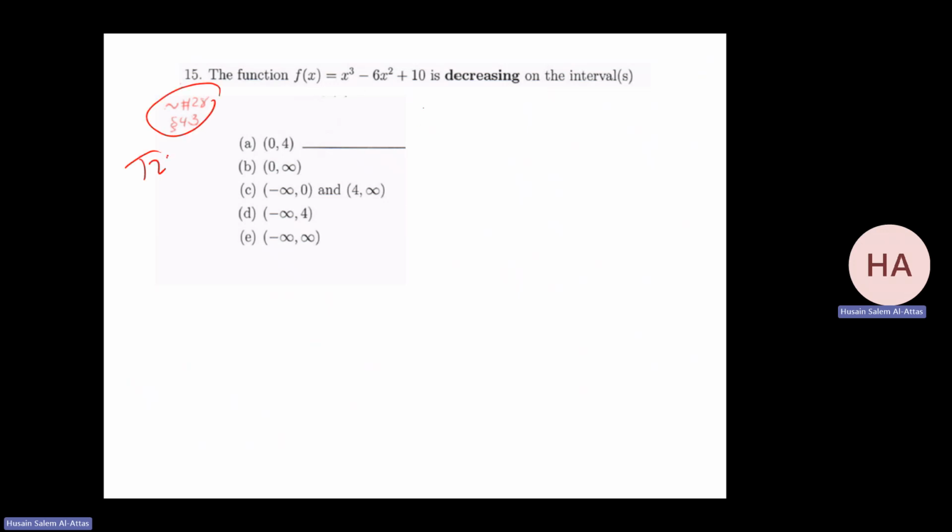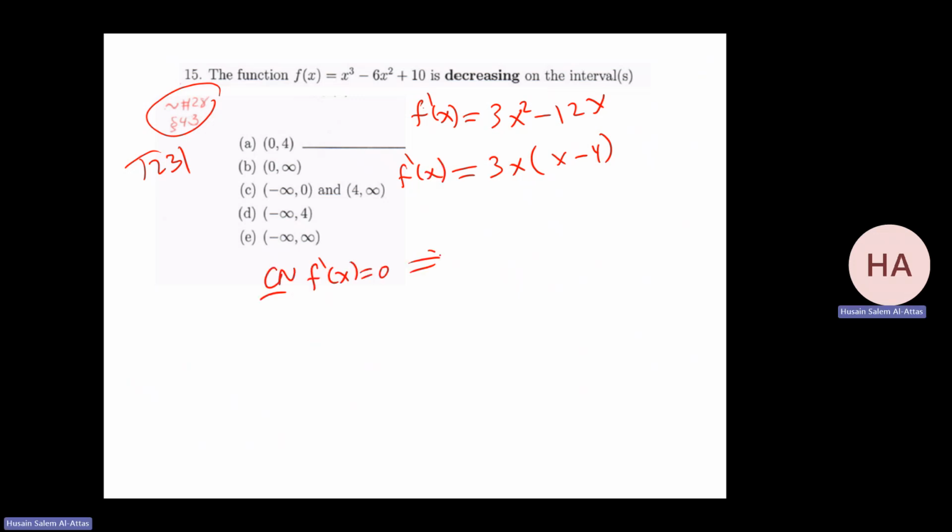That was term 231. f prime will be 3x squared minus 12x. So I take 3x as a common factor. I have x minus 4. This is my f prime. Critical numbers: f prime equals 0, so that means x equals 0 or x equals 4. Plug the numbers.